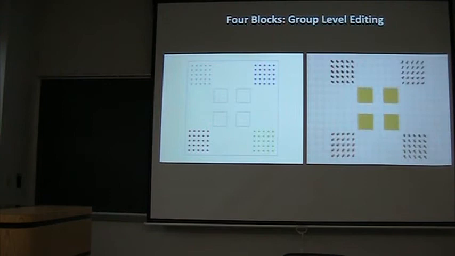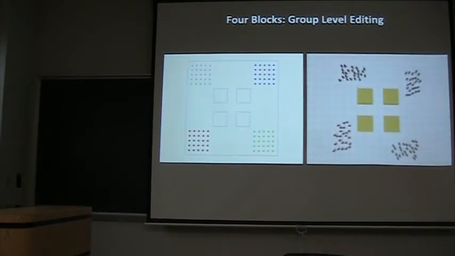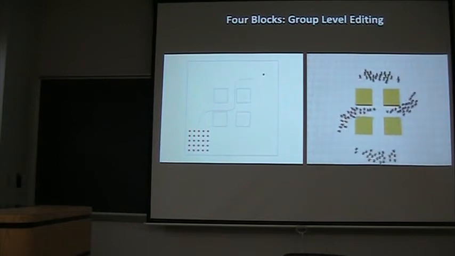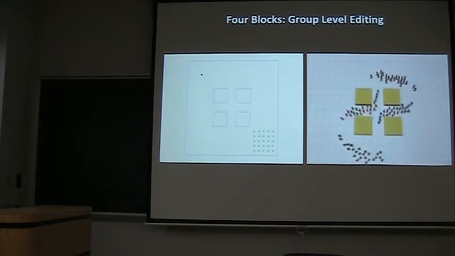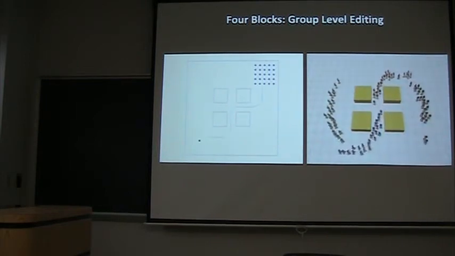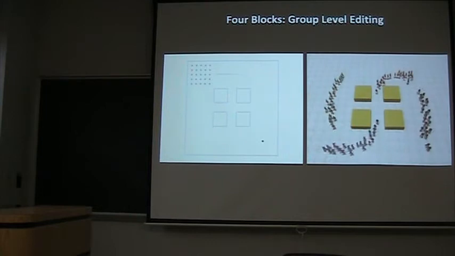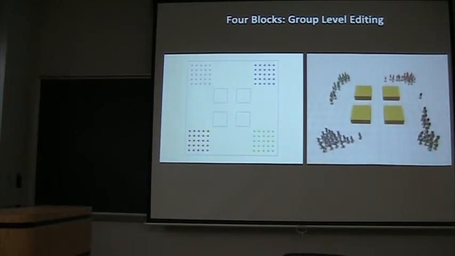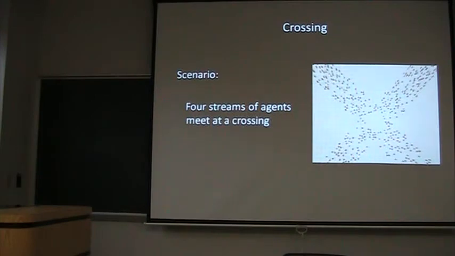This simulation indicates how our approach allows the user to edit the simulation at the group level. Here, the user specifies trajectories independently for each group of agents. These trajectories combine with the global planner to create unique crowd flows through the environment. This scenario shows 4 streams of agents meeting at a crossing.